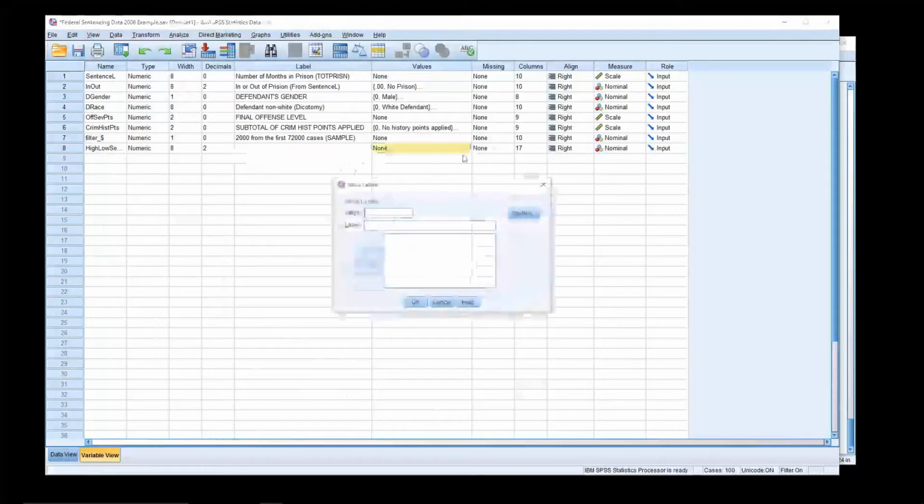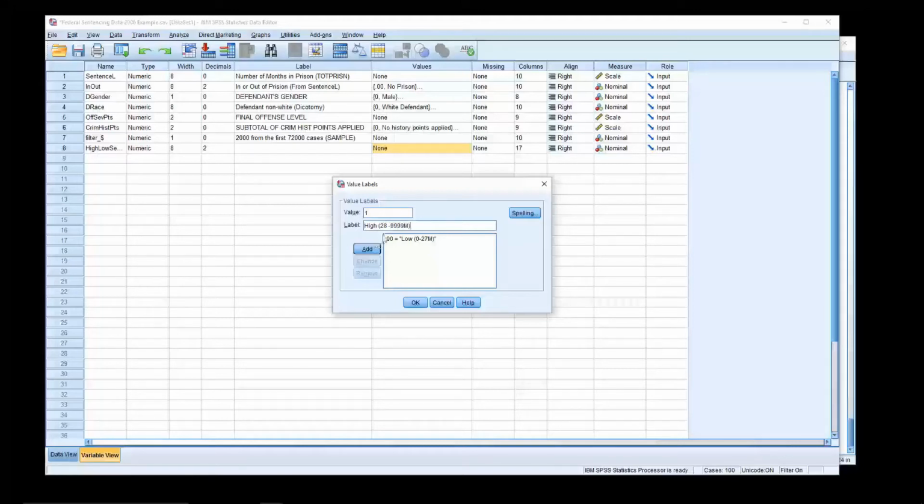I need to define what these categories are so we can keep track. Remember, 0 was the low individuals, 0 to 27 months, and 1 was a high sentence, and that was 28 to the top amount.